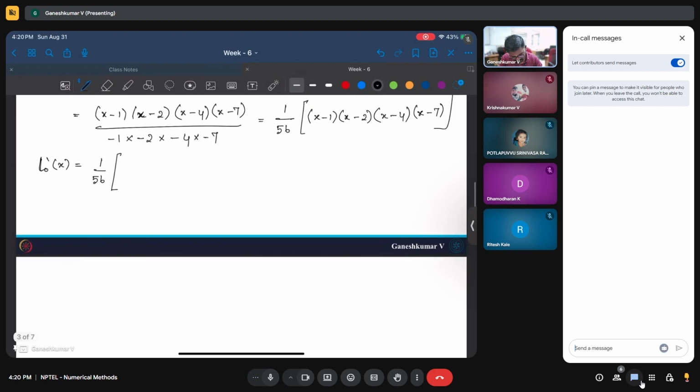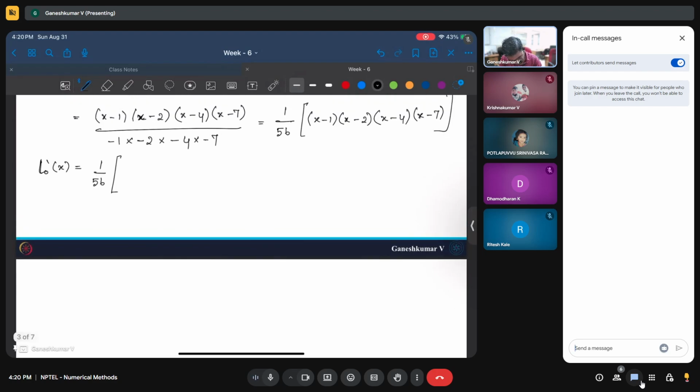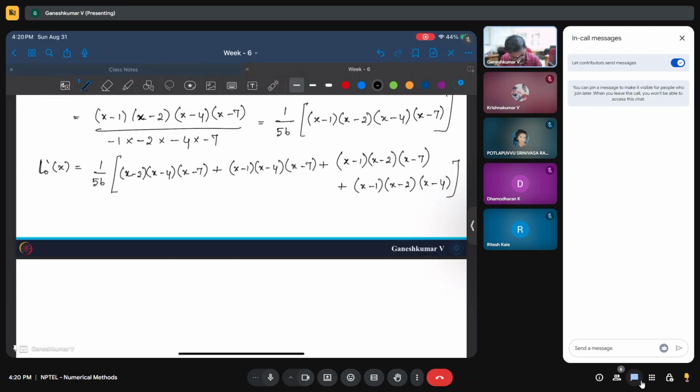So we can write this as: when you differentiate x minus 1, it's going to be x minus 2, x minus 4, x minus 7, plus, similarly, when you differentiate x minus 2, this is going to be x minus 1, x minus 4, x minus 7, plus this is going to be x minus 1, x minus 2, x minus 7, plus x minus 1, x minus 2, x minus 4. Okay.